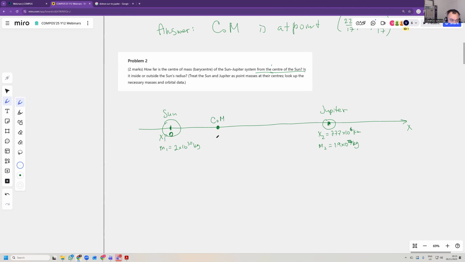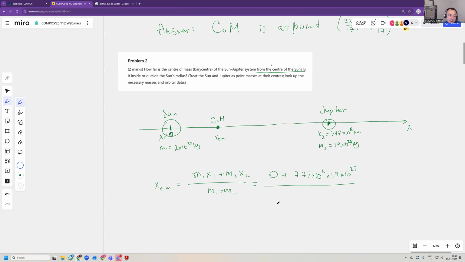Center of mass, xcm. So x center of mass is going to be m1 x1 plus m2 x2 divided by m1 plus m2, which is m1, 2 times 10 to the 30, times 0, so that's 0, plus 777 times 10 to the 6 times 1.9 times 10 to the 27, all over m1 plus m2.